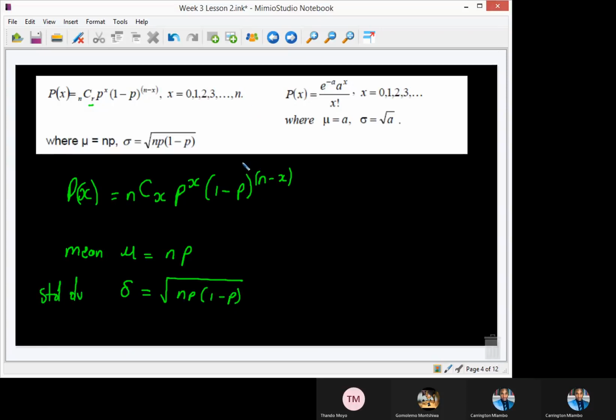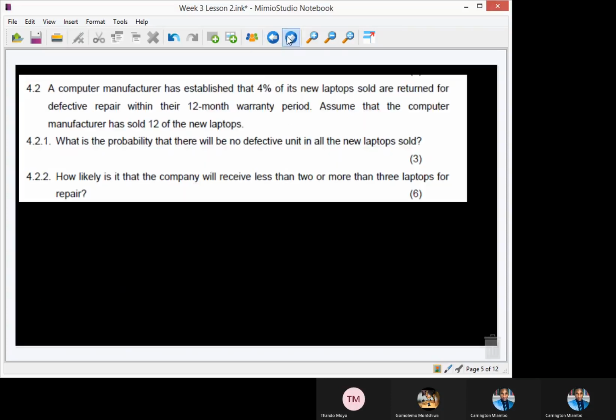Okay. So now, let's look at the first question. The first thing is to identify whether it's Poisson or binomial. Let's read that question and answer the questions that follow.